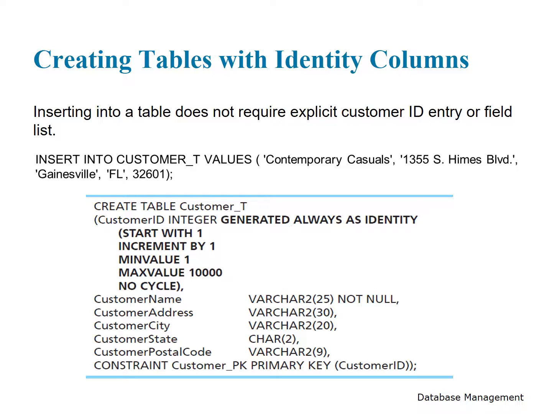Creating a table with an identity column. Inserting into a table does not require explicit customer ID entry or a field list. INSERT INTO customer_T VALUES Contemporary Casuals, 1355 South Himes Boulevard, Gainesville, Florida, 32601.